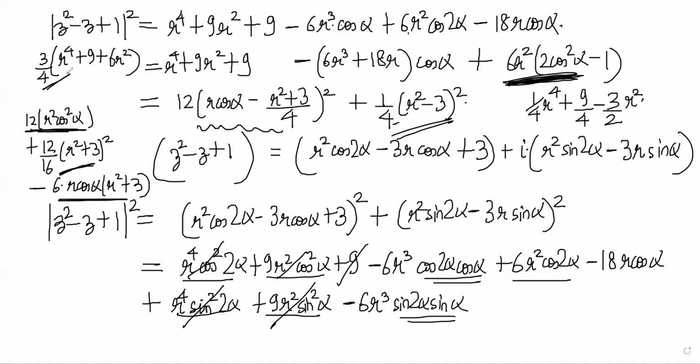So what will be happening? 3 by 4 r power 4 will add up with the 1 by 4 r power 4. You will get an r power 4. 3 by 4 into 9 plus 9 by 4 will add up to 9. And 3 by 4, so that is basically 18 by 4 r square. 9 by 2 r square minus 3 by 2 r square is 6 by 2 r square. So you're getting a 3 r square, right?